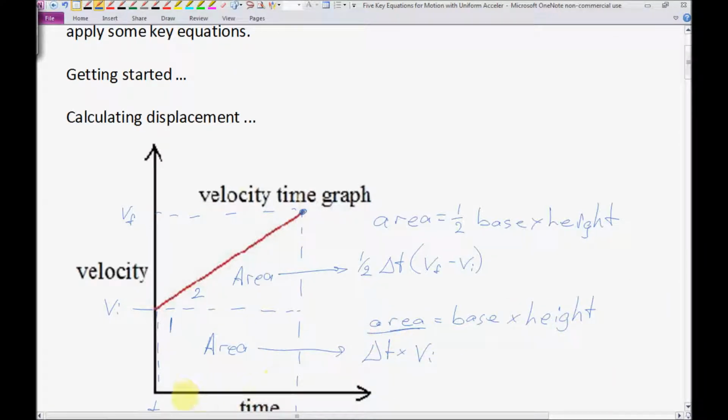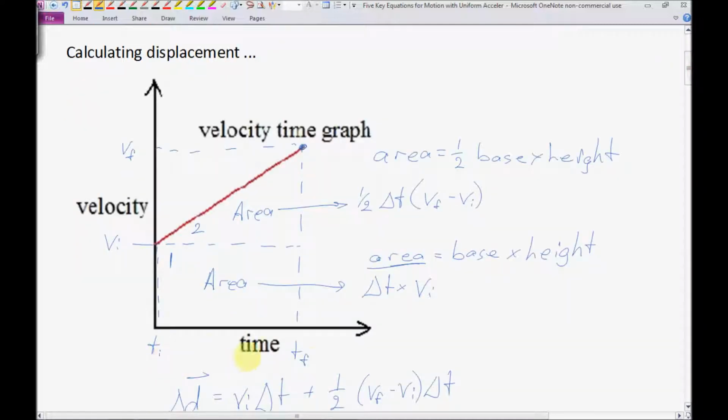In this case, the base is the change in time, so we go from initial time to final time, and that's going to be our delta t. So delta t times the height here, and that's going to be initial velocity minus basically 0. So the height is just going to be the initial velocity, and that's the area of area 1.